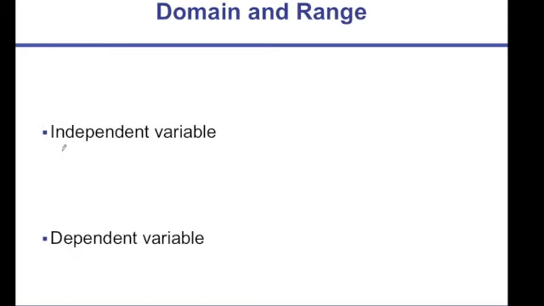Now the independent variable, that's the one you could almost say you pick out of a hat. These are the inputs, often the x values, and they are defined by the domain. The independent variables are the ones that you're just given, or you pick a number.